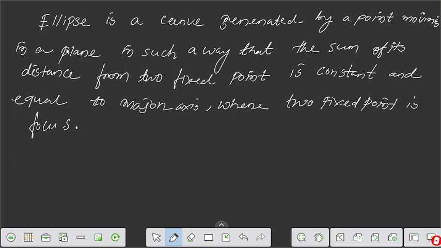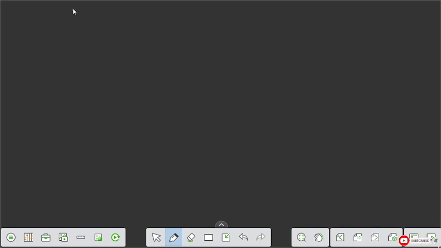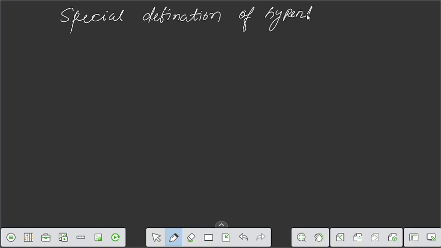Next, we see the special definition of hyperbola. Hyperbola is a curve traced by a point moving in a plane such that the difference of the distances from two fixed points is always constant, and this constant is equal to the distance between the vertices of the two branches of the hyperbola.